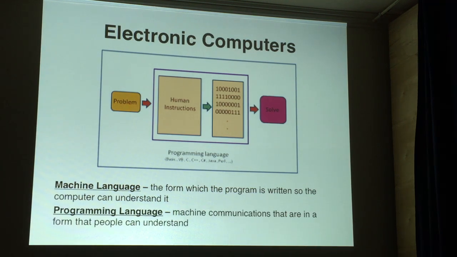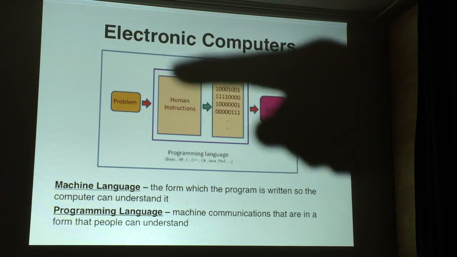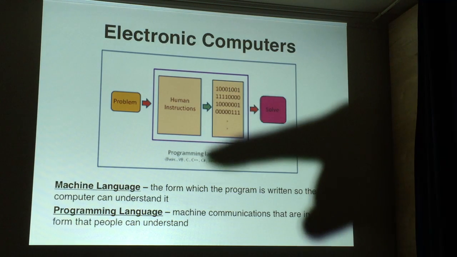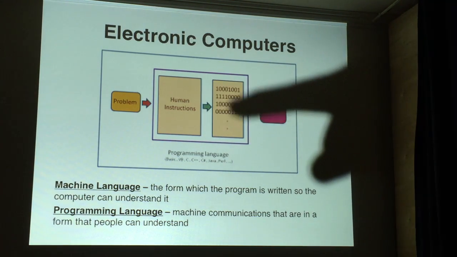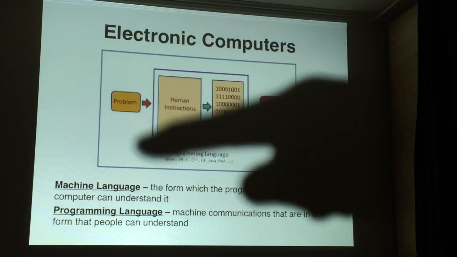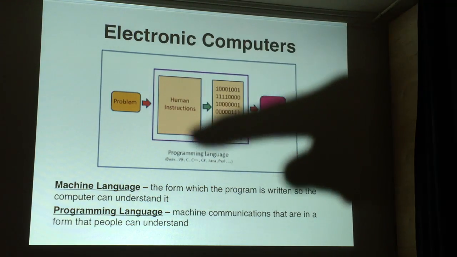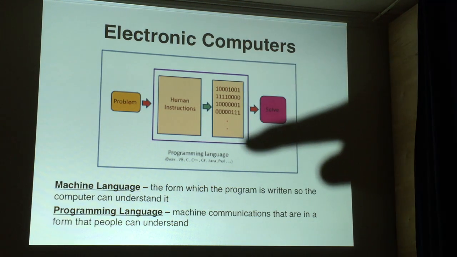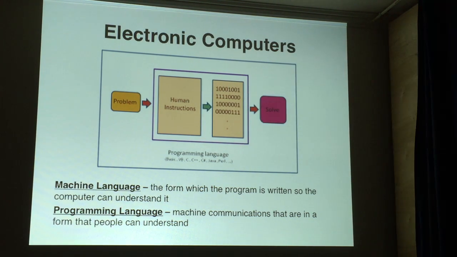The other language is the programming language, which is over here. This is the part that humans understand. And so these have to be linked together in order to be able to translate whatever problem or thing you want to do into a program that will do it, into machine instructions that will actually execute it, and it happens.